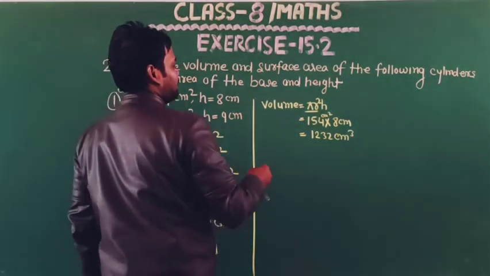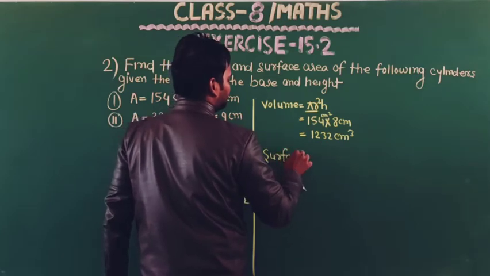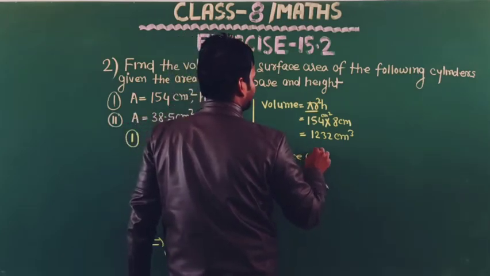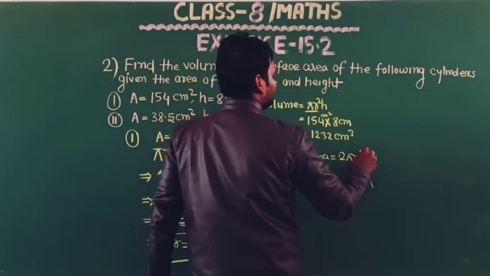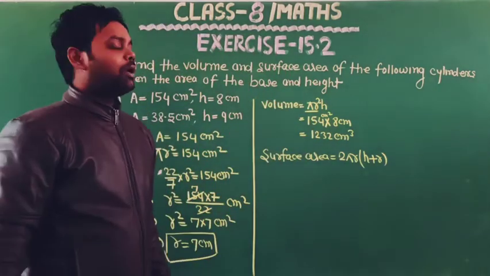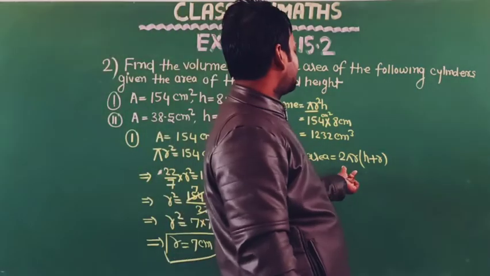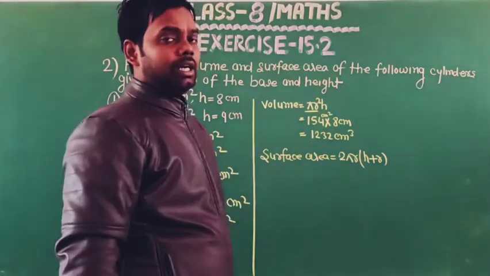And for surface area, we know the formula: surface area is 2 pi r (h plus r). This is the formula to calculate the total surface area of a cylinder.